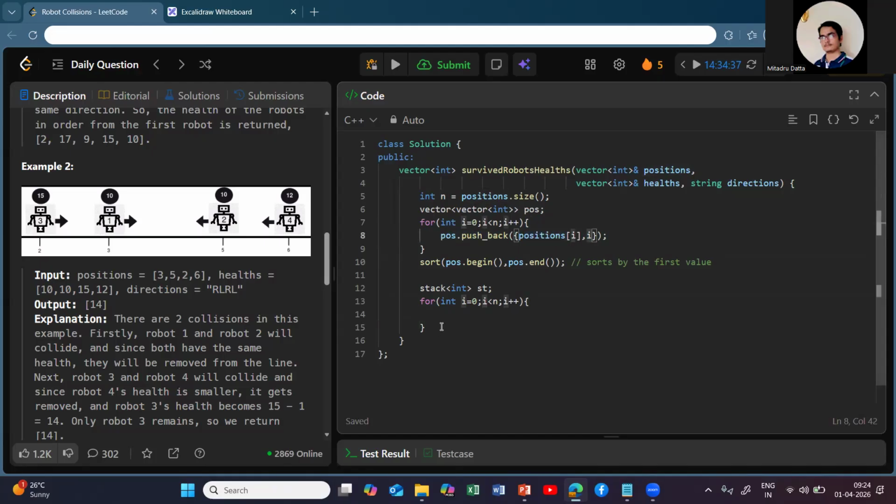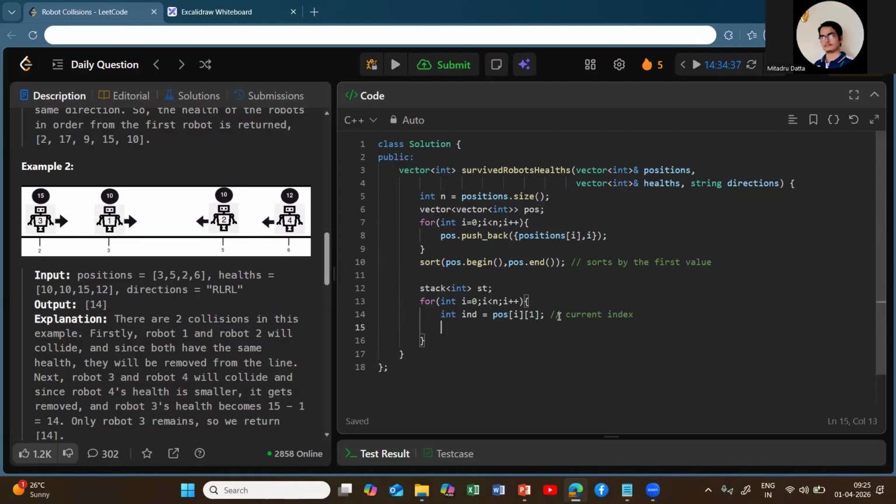So this I is nothing but the index, which will be positions of I dot second. I go to the ith value of positions and extract one, meaning the second element, which is nothing but this index. So I have my current index.